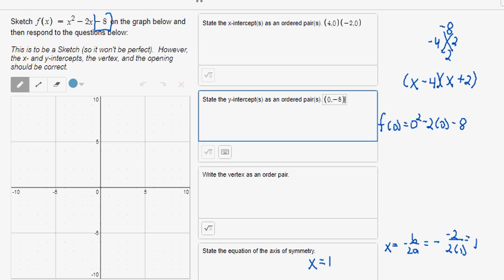All right, now we can write the vertex. So the vertex is f of 1. So look at 1 squared minus 2 times 1 minus 8. So that's 1 minus 2 minus 8, and that equals -9.